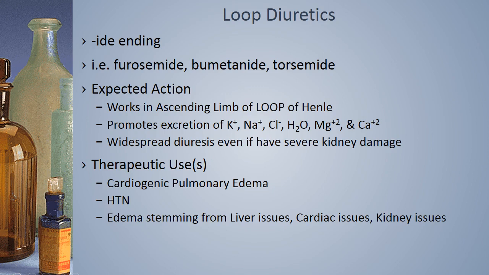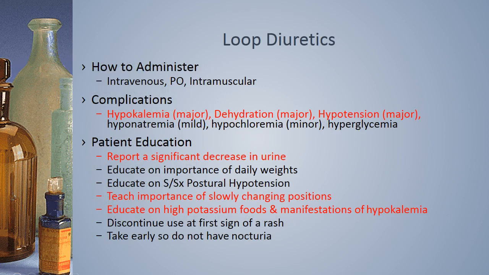So loop diuretics are going to be used for somebody that does have severe renal failure because the other diuretics can't be used. The therapeutic use: cardiogenic pulmonary edema, hypertension, and then any type of edema that stems from liver, cardiac, or kidney issues. It can be administered intravenously, by mouth, or intramuscularly.